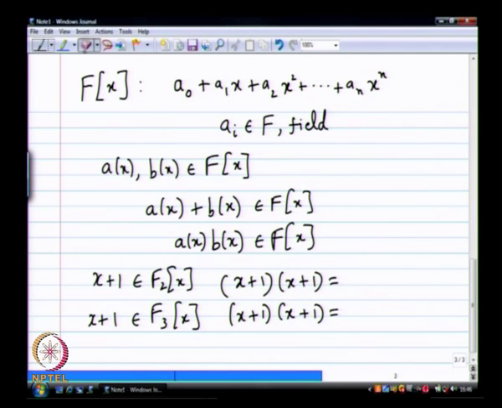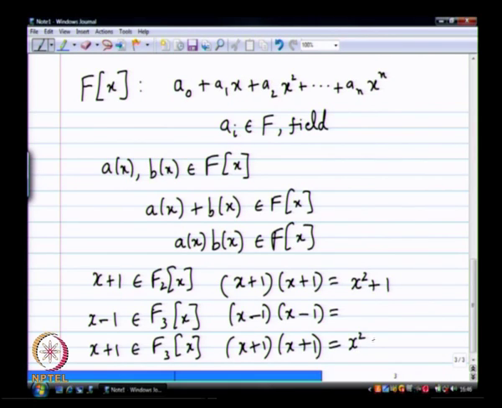So, let us do a slightly different multiplication, I am sorry, let us do x minus 1 times x minus 1, just to make it a little bit more interesting. What is x plus 1 times x plus 1? Okay, it is simply x squared plus 1. And the third example is if x plus 1 belongs to F3[x], then what is x plus 1 into x plus 1?